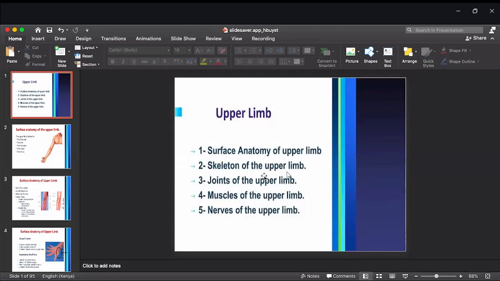We are mostly interested in the shoulder joint, the elbow joint and the wrist joint. Muscles of the upper limb, and finally the nerves. Also, the vascular aspect, which I want you to go and read on. The arteries, for example.